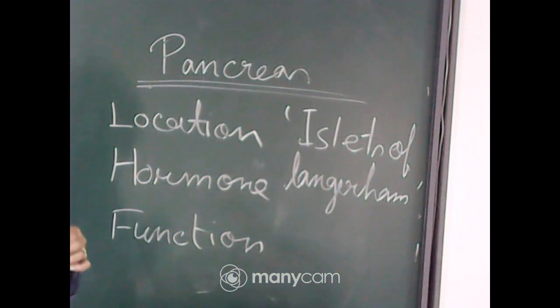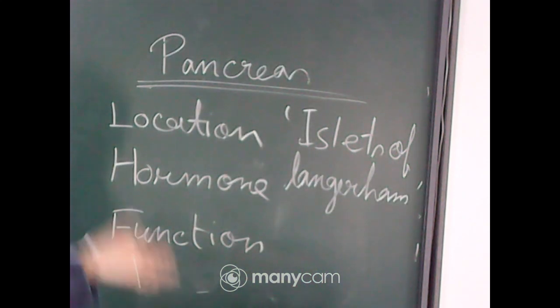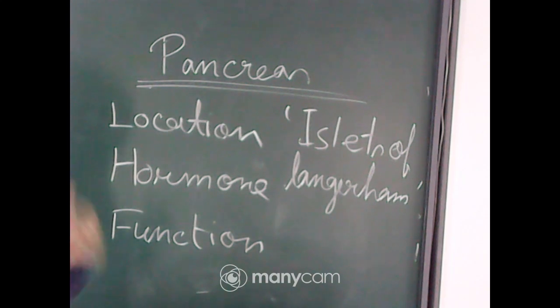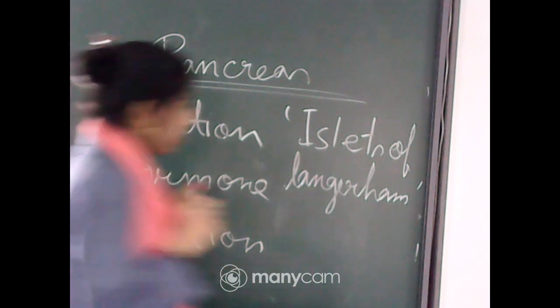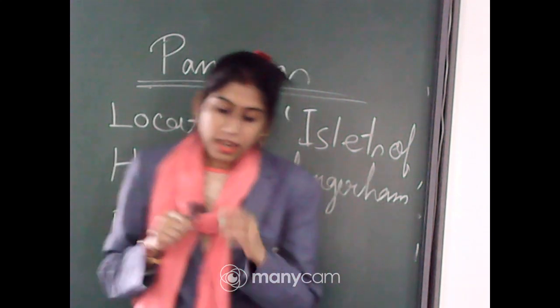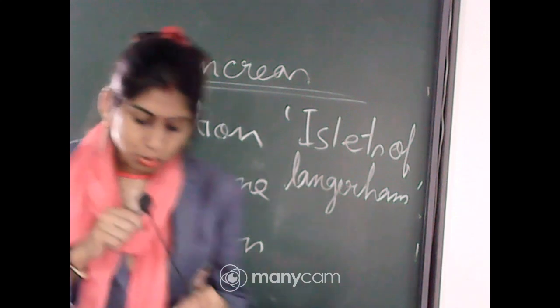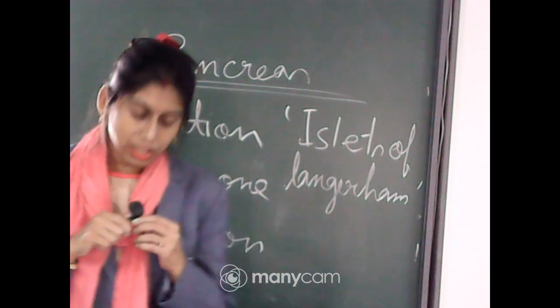From the endocrine part we get islets of Langerhans, and there are about 1 to 2 million islets of Langerhans in a normal human pancreas, making up only 1 to 2% of the pancreatic tissue.